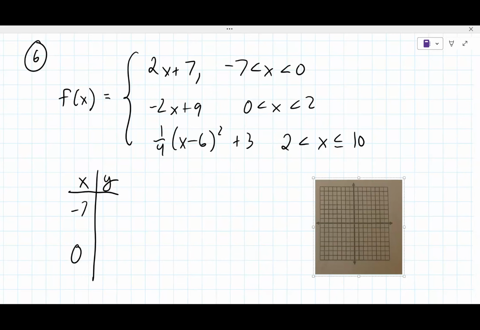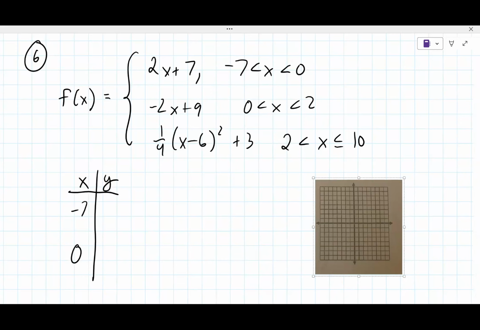Nine and 5. It is 9 and 5. So are they open or closed circles there? It's based on the inequality. Why is it open?